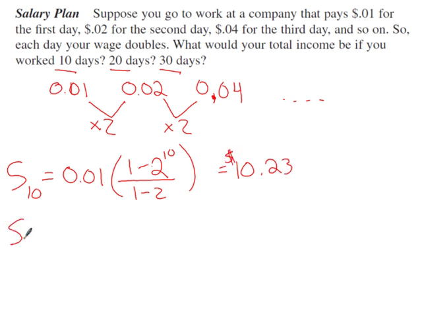Now the sum of 20, let's double check, and I'll let you do 30 here, but I want to ask you, do you think it's just that 10-day number doubled? Well, let's find out.